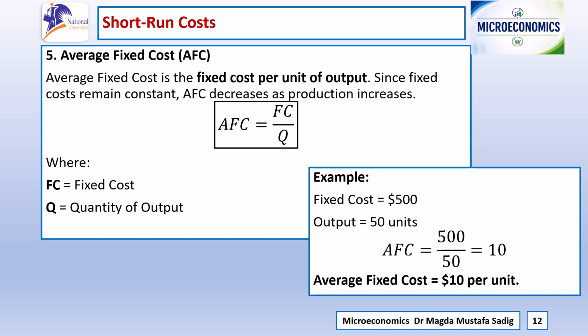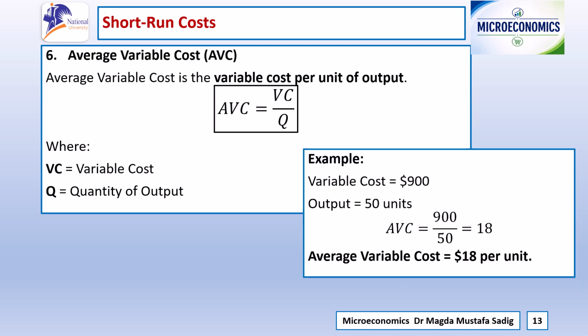For example, if fixed cost equals $500 and output equals 50 units, average fixed cost will be $500 divided by 50 units, so it is equal to $10 per unit. This explains why large firms often benefit from producing more units.